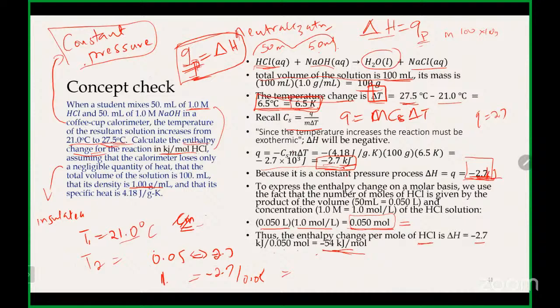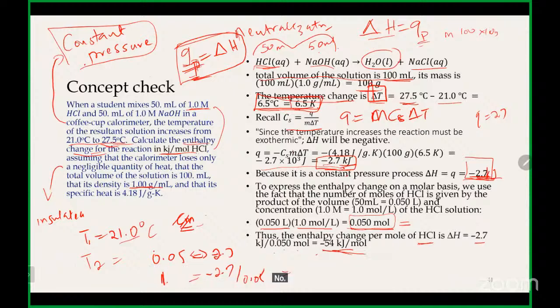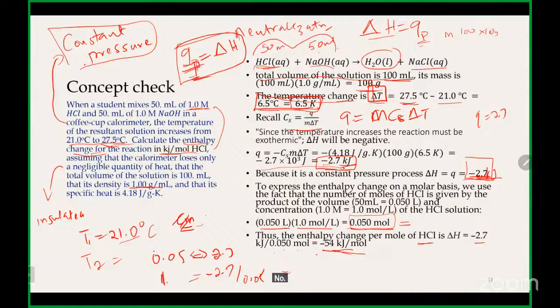Excuse me, is there a way for us to know if the reaction happens at constant pressure without it being stated in the question? No, it has to be stated. You have to understand the condition in which the experiment is carried out.